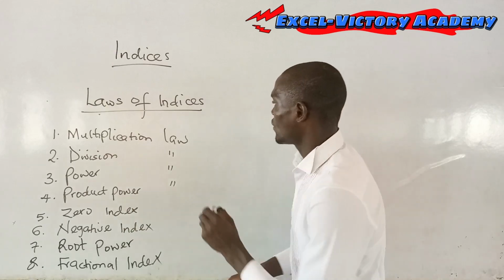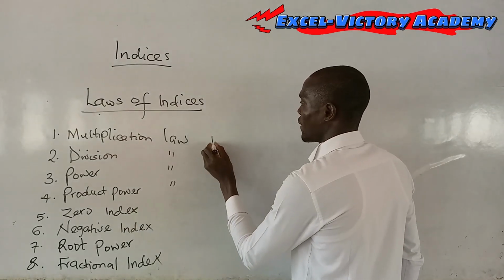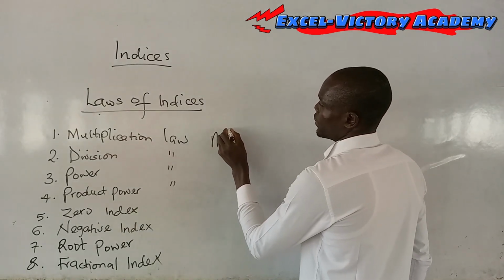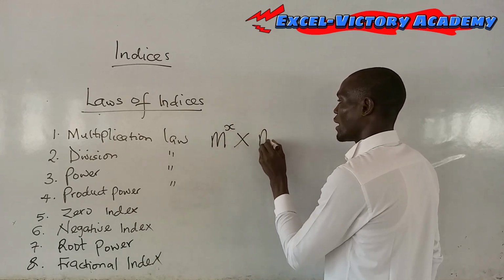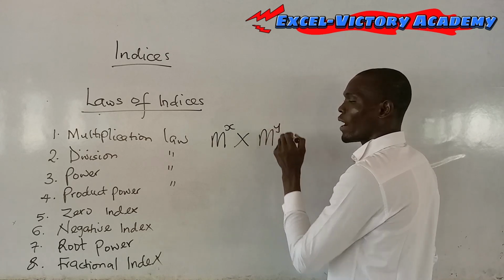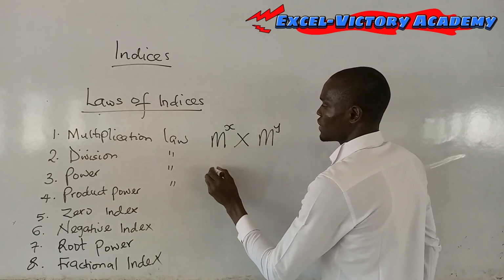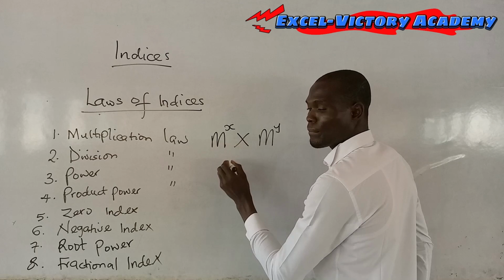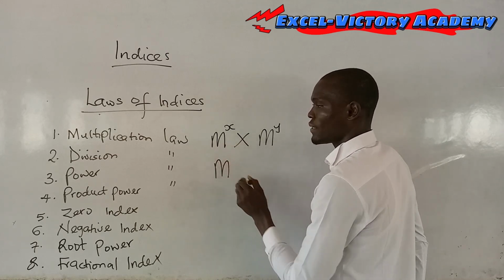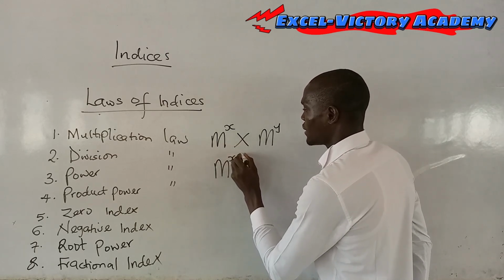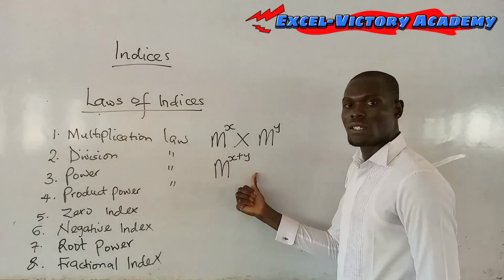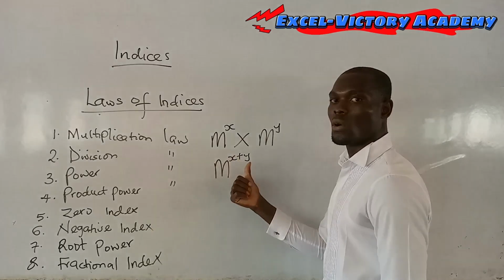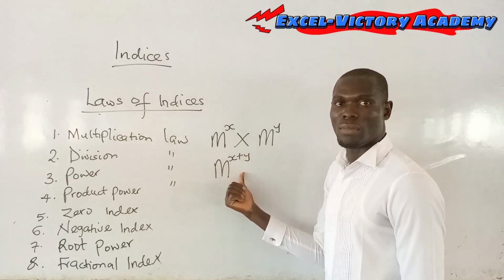That is, if you have, for instance, m raised to the power of x multiplying m raised to the power of y, the law states that since the bases are the same, pick one of the bases, then add their powers. So this is what the multiplication law of indices is all about.